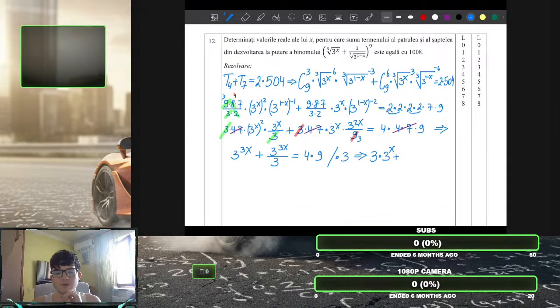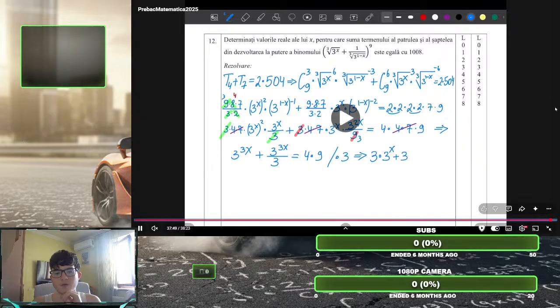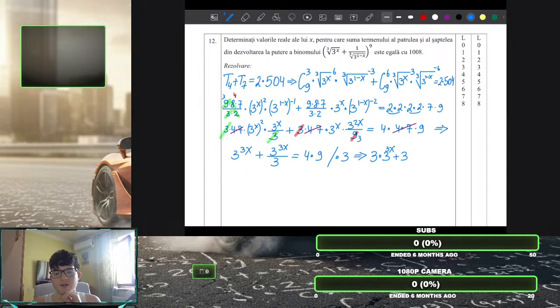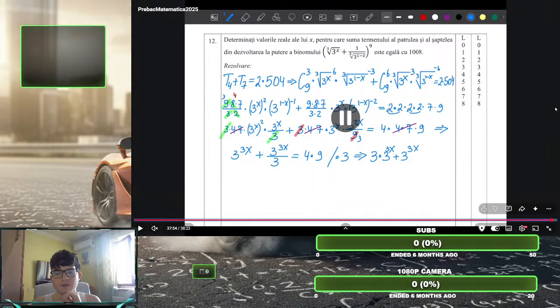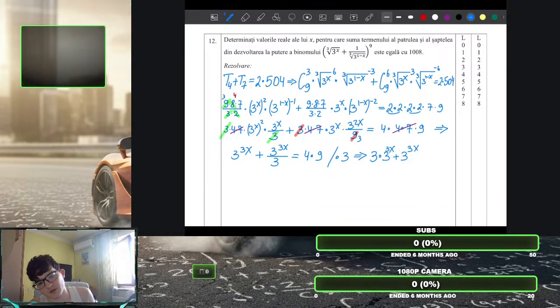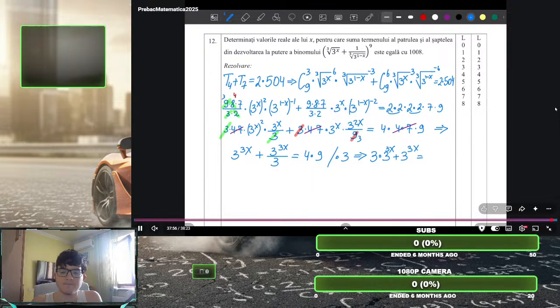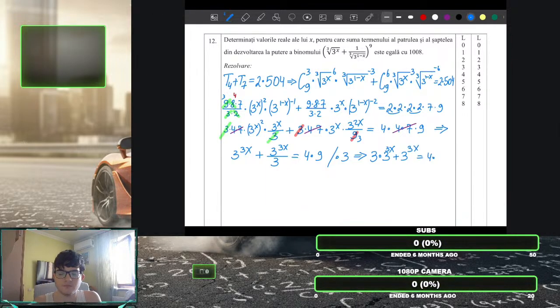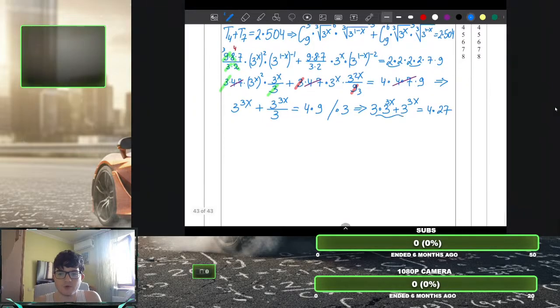Plus right there 3 like this. 3x equal with 4 times 9 times 3. Which is 27.